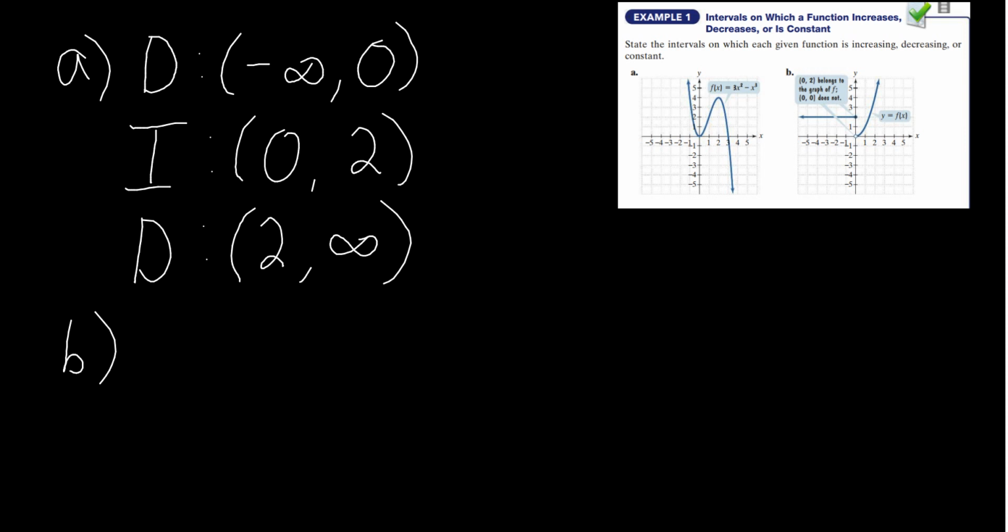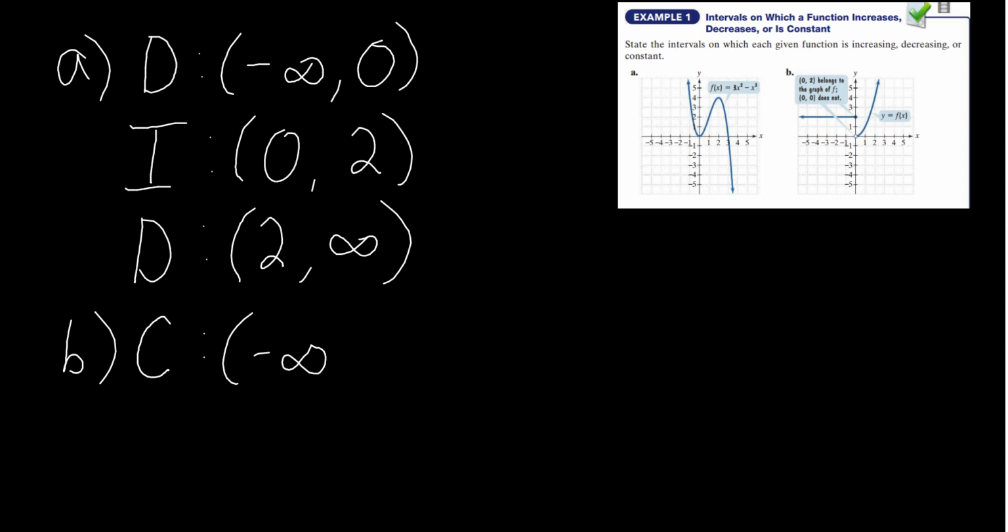Looking at B, it looks like we're constant from negative infinity all the way to a positive 2. Well, I'm sorry, not positive, to 0. We're only doing the x's. So we'll be constant here from negative infinity all the way to 0.